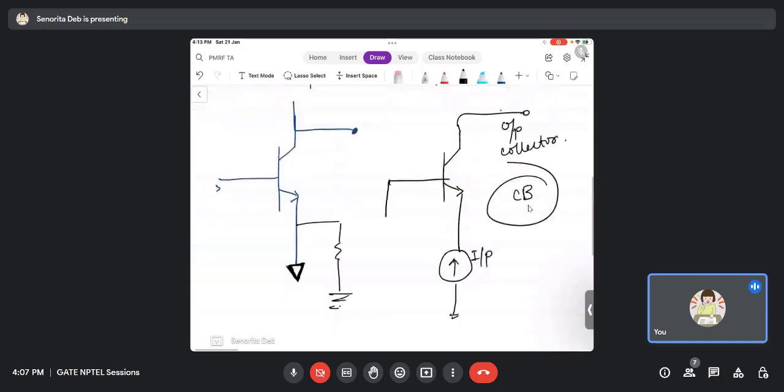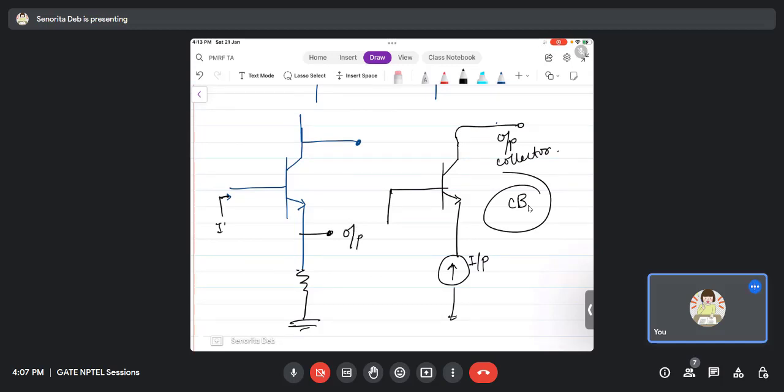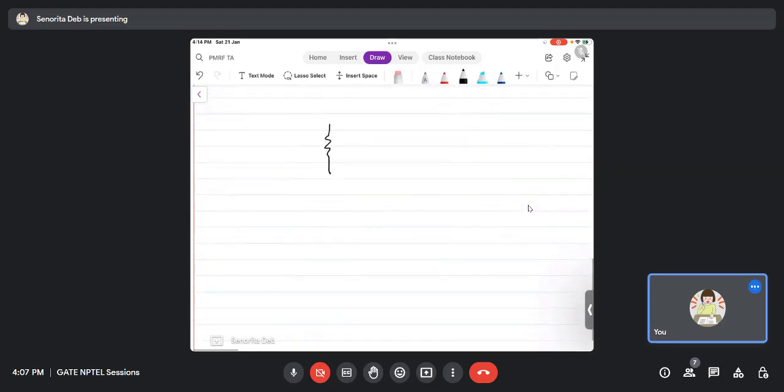Okay, and common collector is similar to common emitter, but now the output is taken from the emitter. As I had mentioned, it depends on where you are taking the input and output from. So if the output is from the emitter and the input is at the base, then this is the common collector. The same circuit which you would have designed for a common emitter can work as a common collector as well.